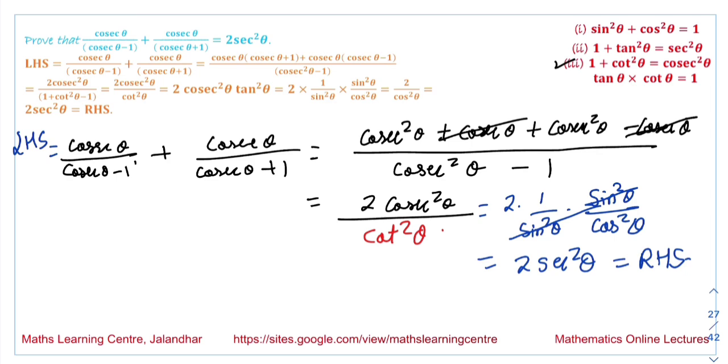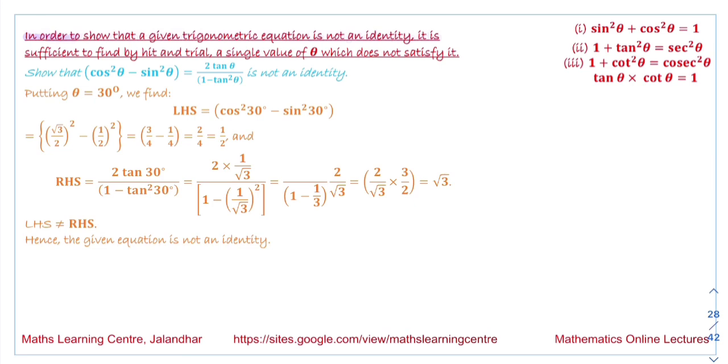Next, we are saying that in order to show that a given trigonometric equation is not an identity, it is sufficient to find, by hit and trial method, a single value of theta which does not satisfy it. If any identity is given to us, identity means that it is satisfied for all values of angle.